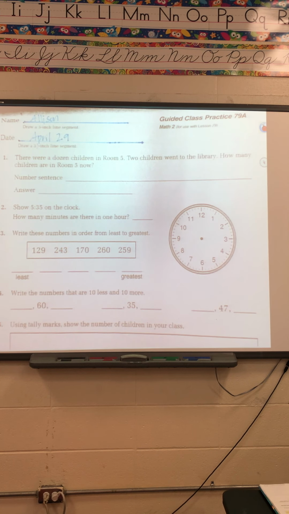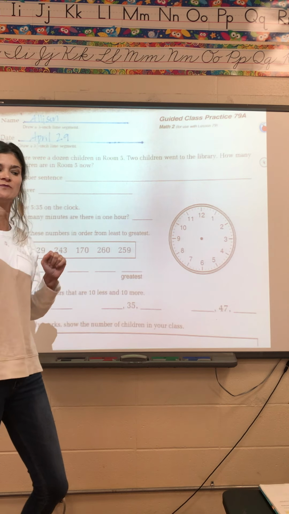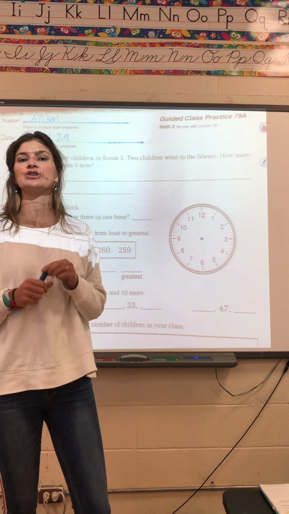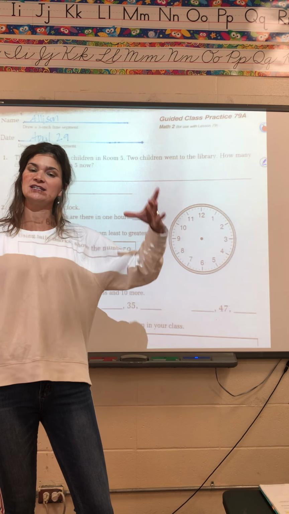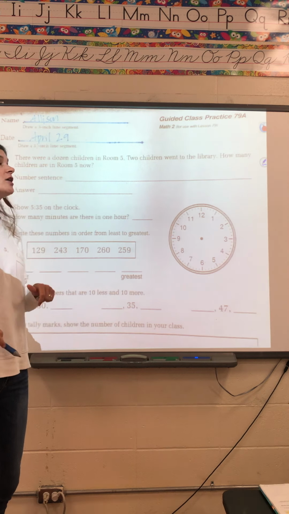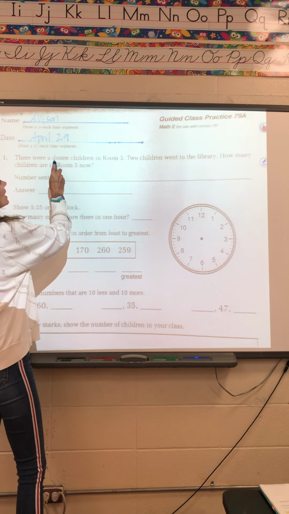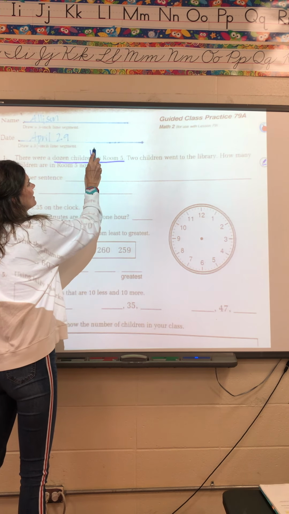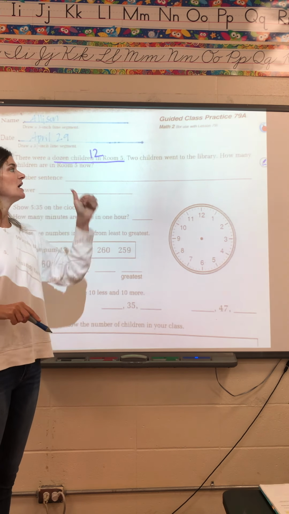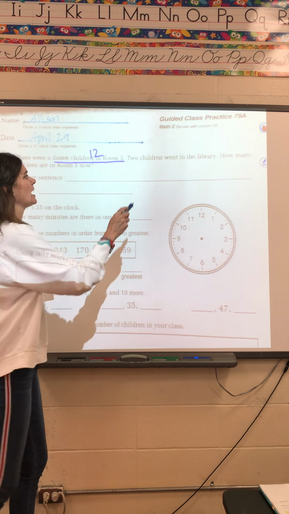Now, let's continue on. It says there were 12 children in room 5. How many are in a dozen, boys and girls? I want you to think about eggs. Eggs come in a dozen usually. How many are a dozen? If you said 12, you are correct. So there were 12 children in room 5, and let's put 12 above that. 2 children went to the library.